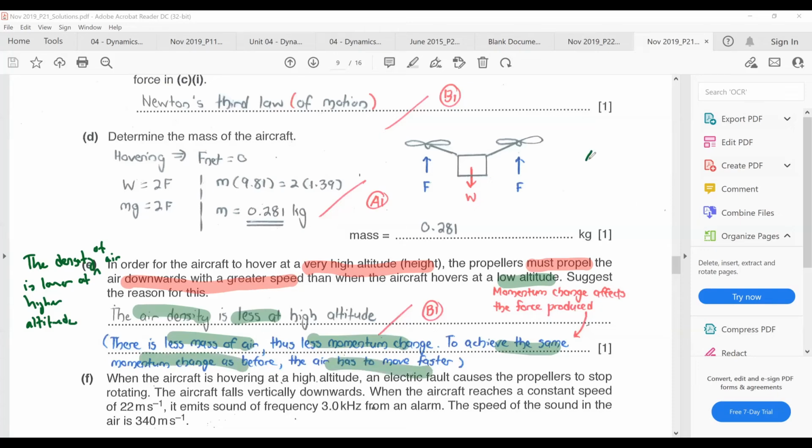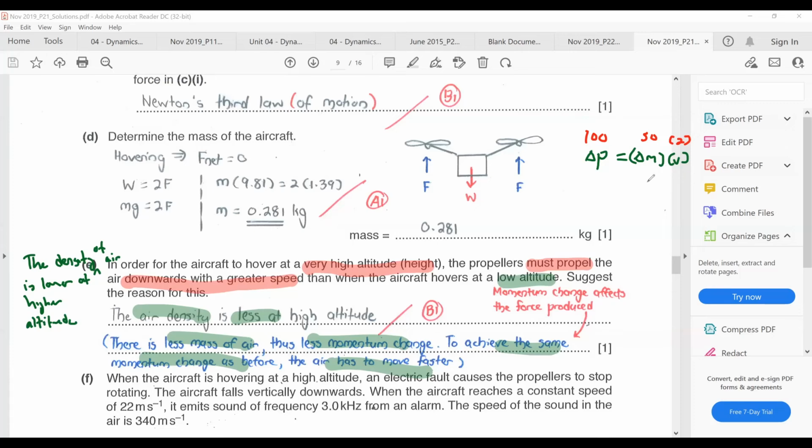Because you remember that change in momentum is mass times velocity, right? So let's just say right now, your change in momentum is 100 Newton seconds. The mass of air you move is 50. And then your velocity of air is 2 meters per second.